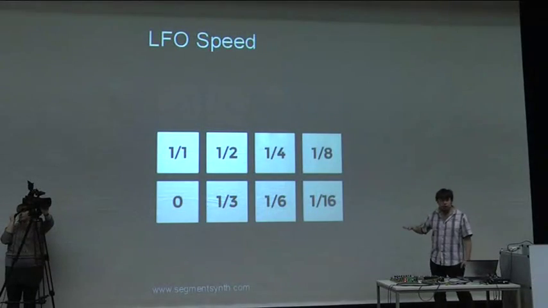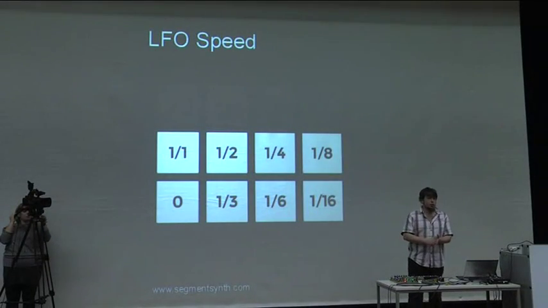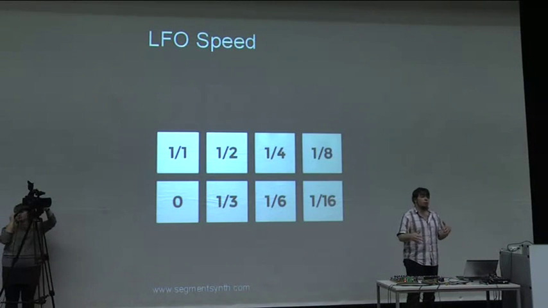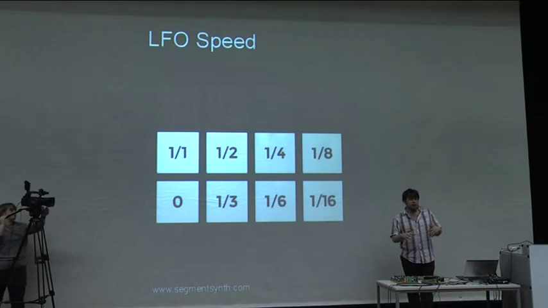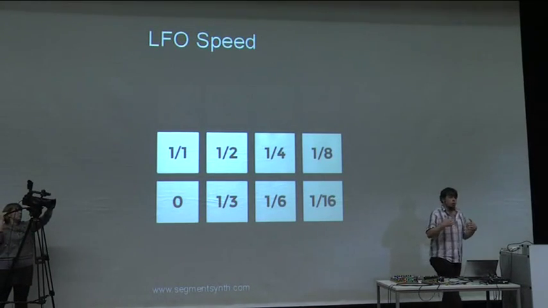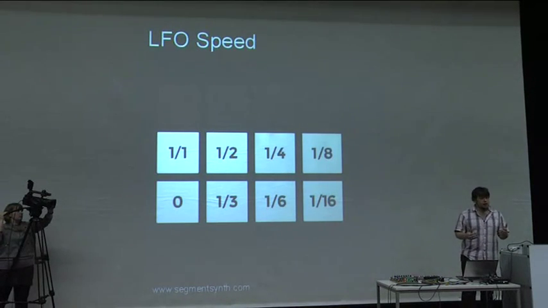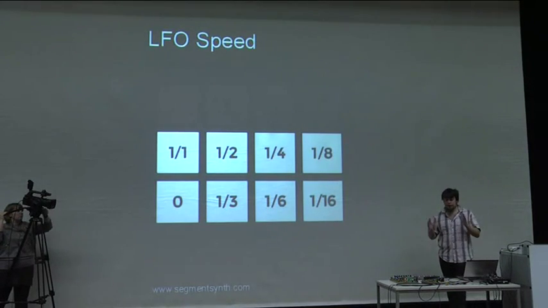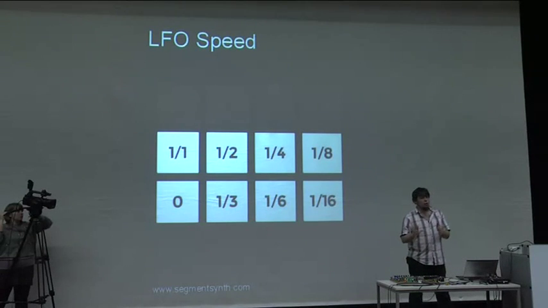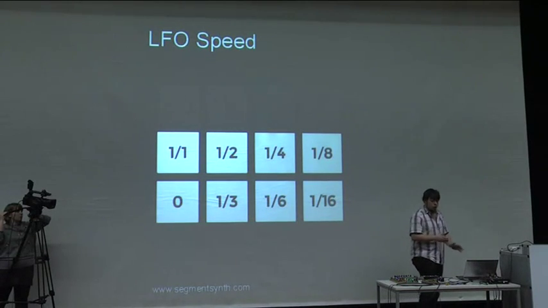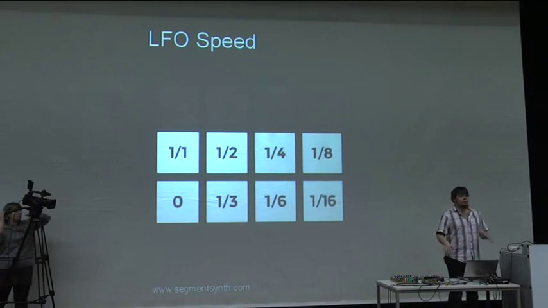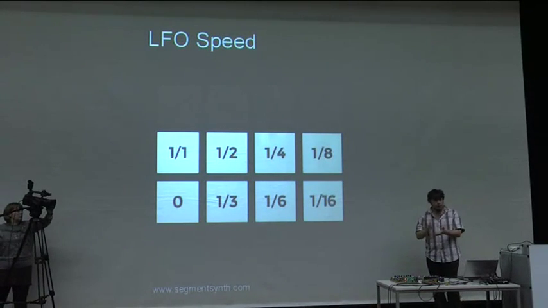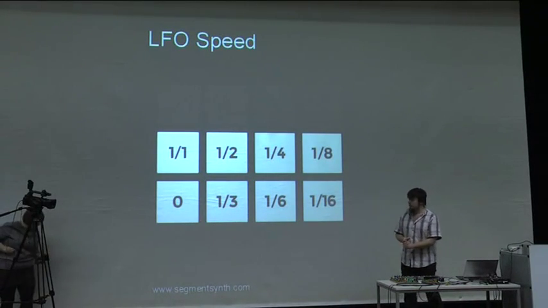Even if you select 0, which means you're bypassing it, the LFO still goes on, but it's not affecting your signal. So for all the rhythmic stuff, you will always be in sync, for example with your MIDI time clock, or if you have tapped your rhythm, or via control voltage ticks, whatever you like.